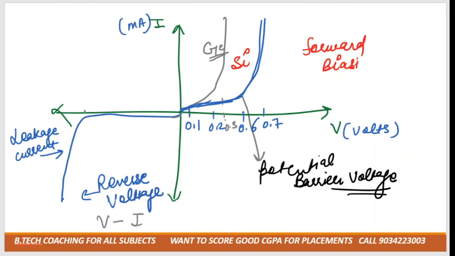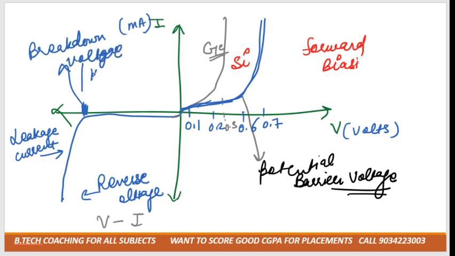At this particular point there is a breakdown, so this is known as the breakdown voltage. There is another name, the knee voltage. It is shaped like a knee, that's why it is also known as knee voltage.